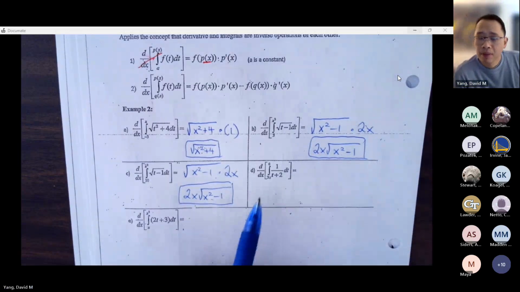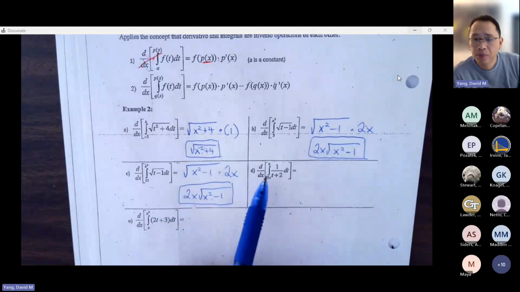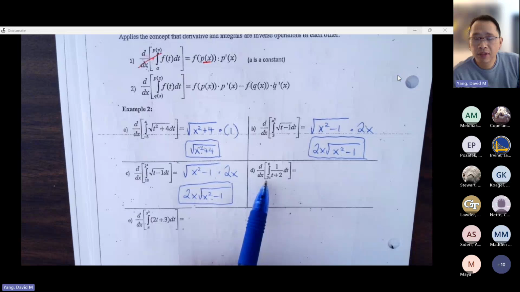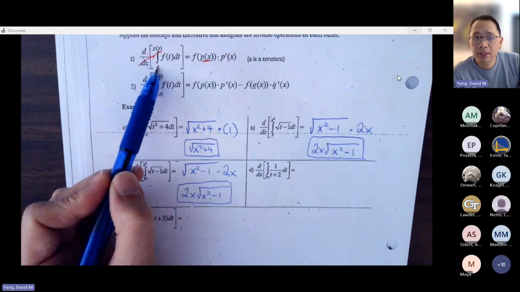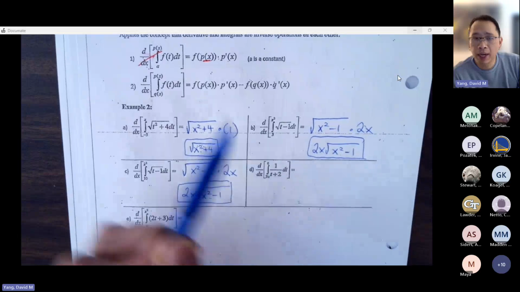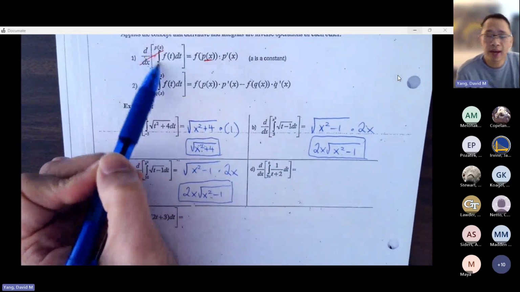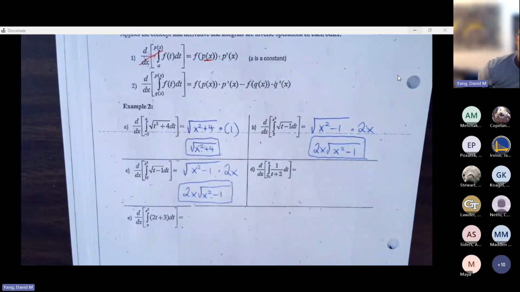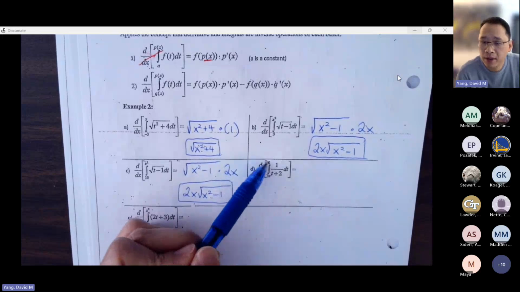Part D, I want to apply this rule here because we see derivative and definite integral being applied, but something feels a little bit off. And what feels off is the fact that my lower bound is now a variable and my upper bound is the constant. And I want to have them in the order that the rule tells me. So we talked about last Thursday how we can change the bounds if we want.